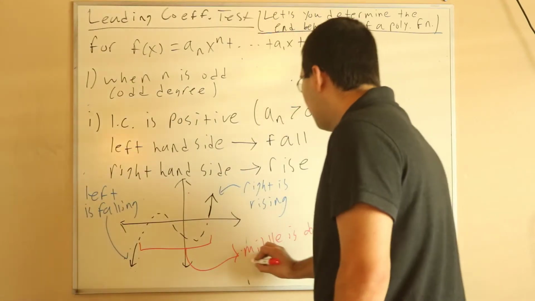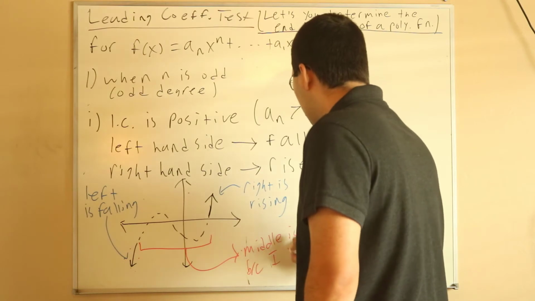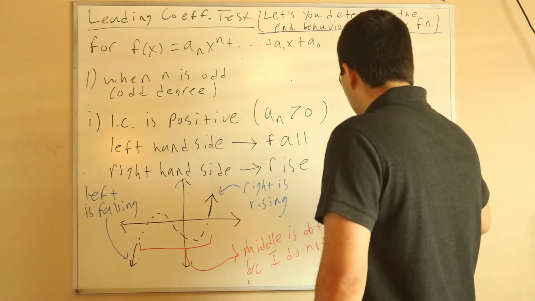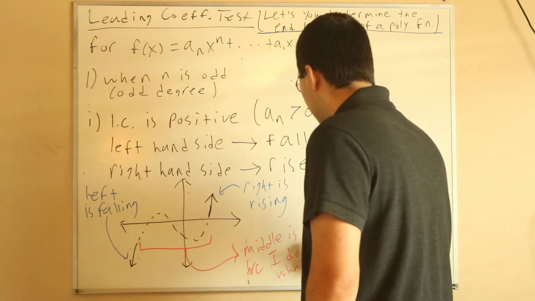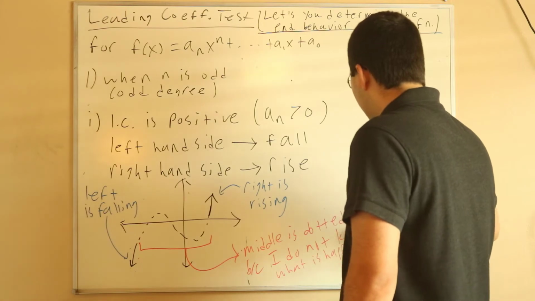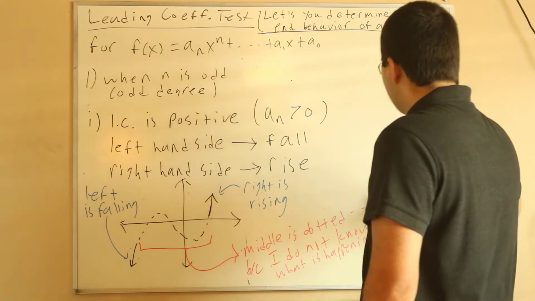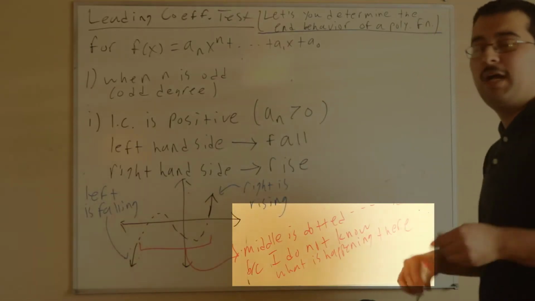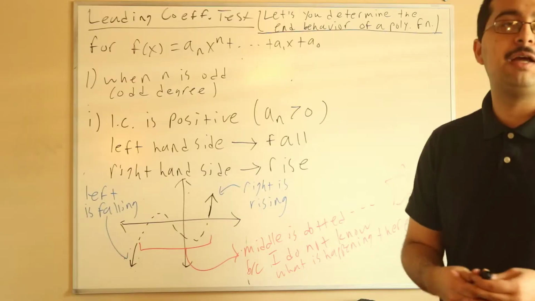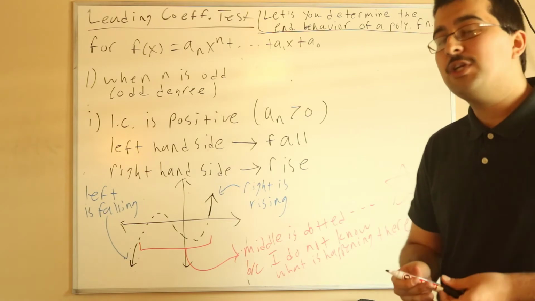So the middle is dotted because I do not know what is happening there. That's a very important point about this graph. Always keep that in the back of your heads. This graph is only making comments about end behavior. It's not making a statement about the middle region of the graph.